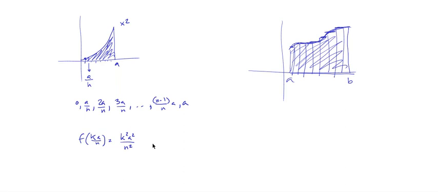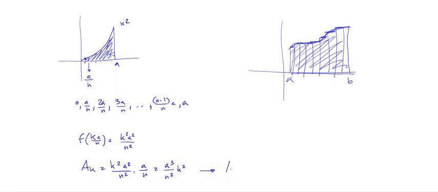Now the area of each one of these rectangles, the kth rectangle, is just this function value times the width, which is a divided by n. So you have a cubed divided by n cubed times k squared.